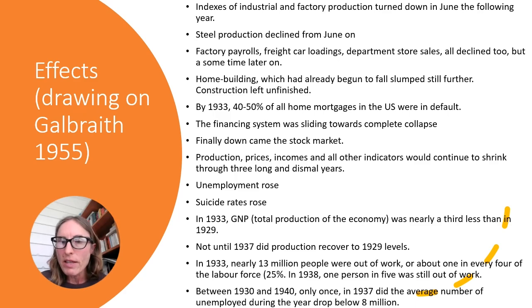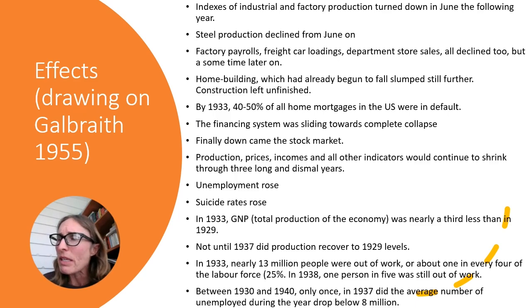So, as an effect of this great crash of 1929, indices of industrial and factory production suffered a severe downturn. Factory payrolls, freight car loadings, department store sales, these all declined too, but at a distance, sometime later on, once the effects on the housing industry and factory production had occurred.